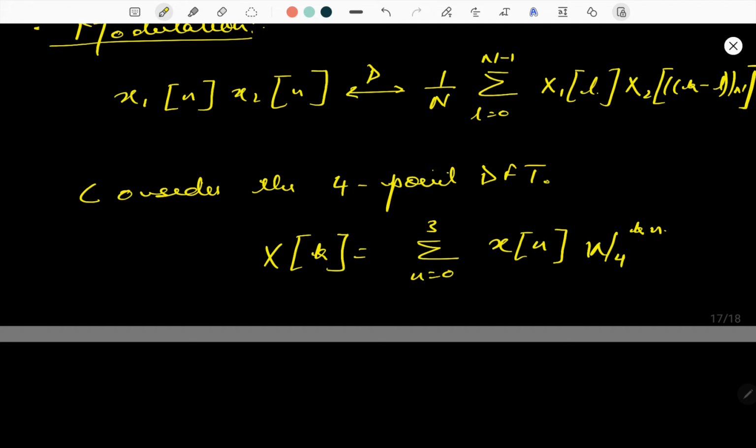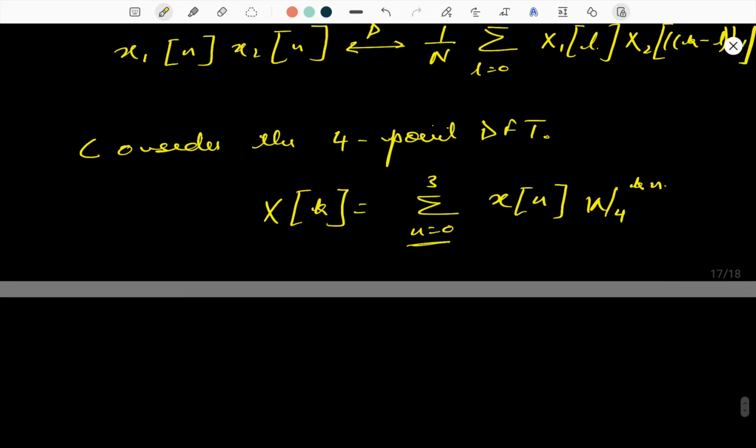You can see from here that the value of n is from 0 to 3, so this is a length 4 signal x[n].